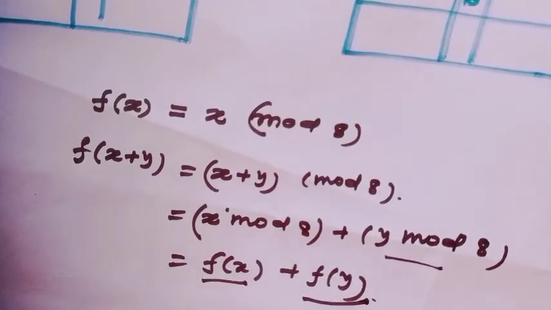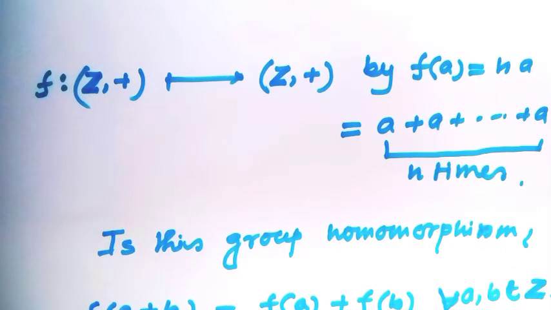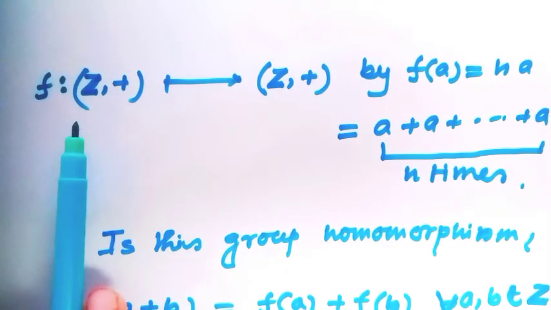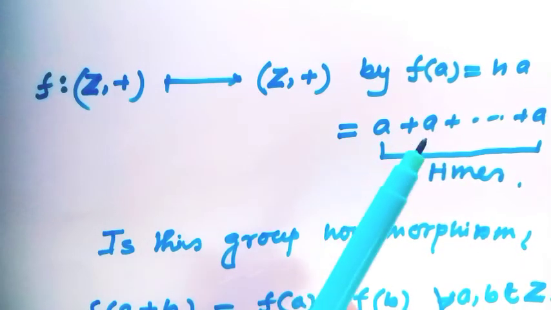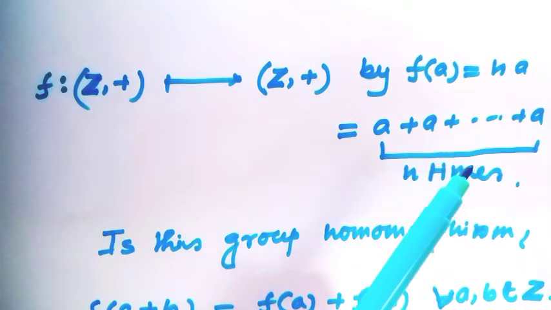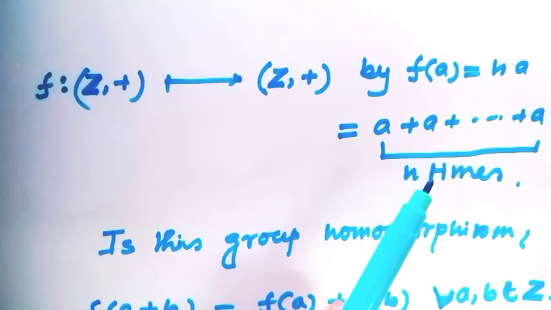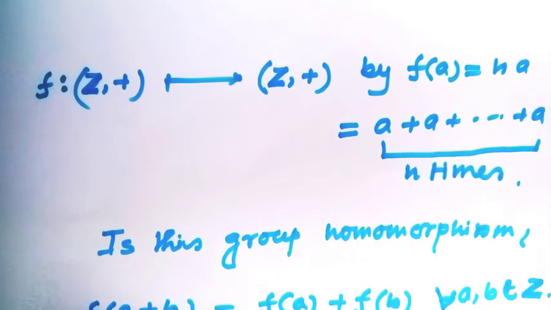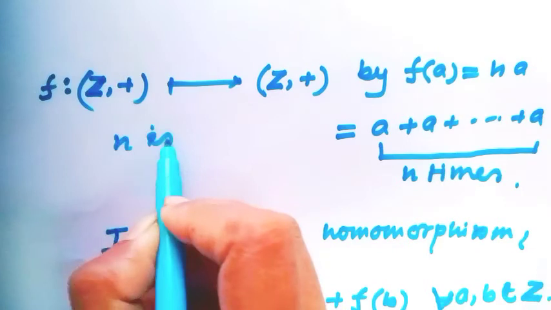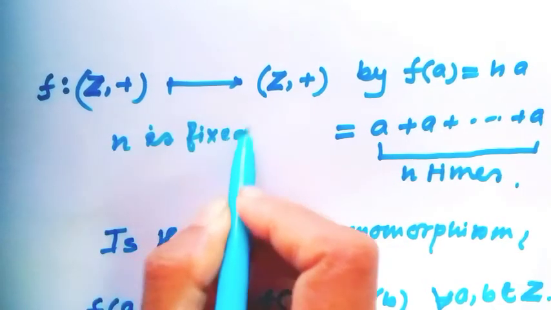Okay? Let's see another example. f from Z plus to Z plus by f of a equal to n a, where a is any positive integer and here n is fixed. Okay?